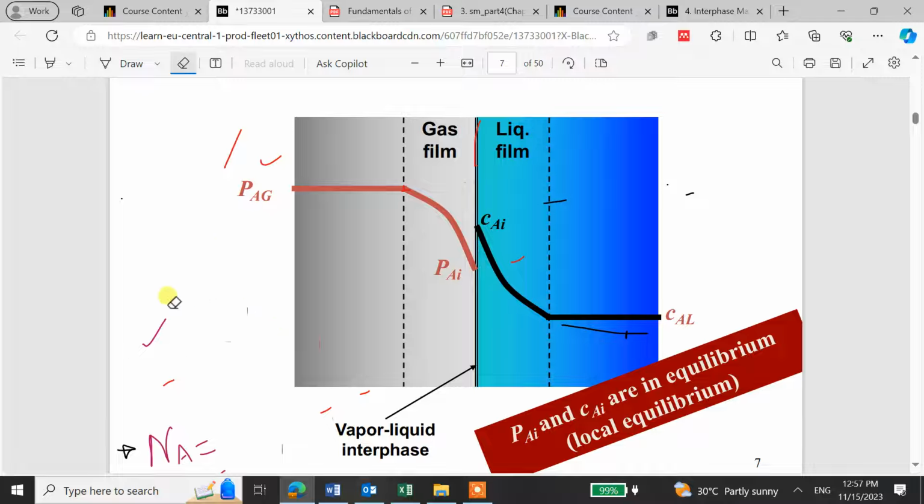What we had before was local, in gas. Now from gas to liquid, up to here, like this.